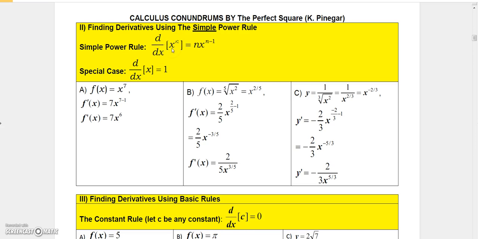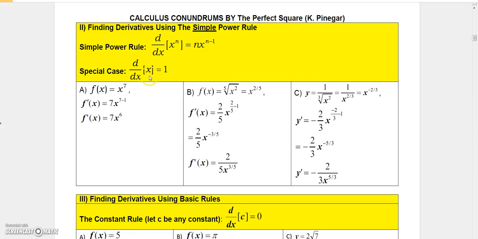So the derivative of x to the n with respect to x can be written as n times x to the n minus 1. So all you do to find the derivative here is simply bring the n down and then write n times x to the n minus 1.